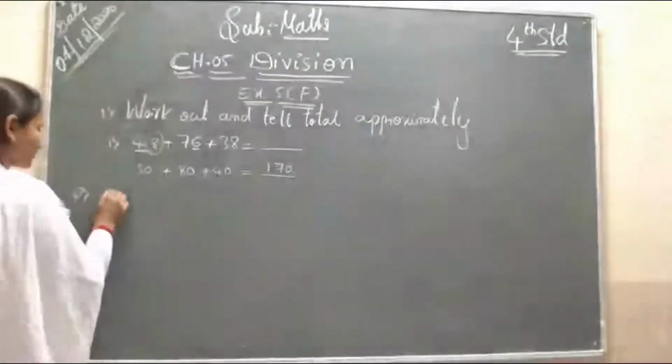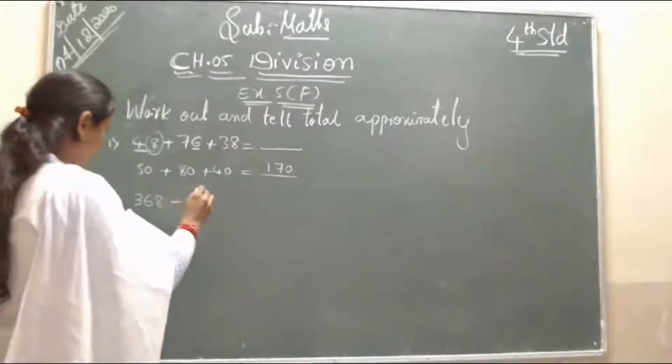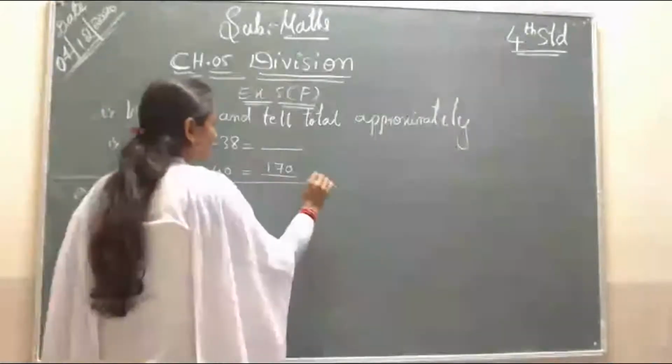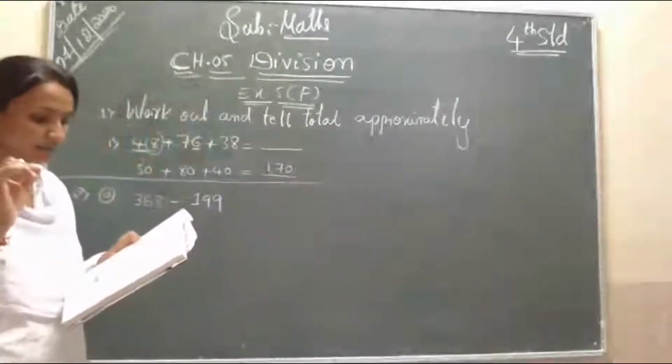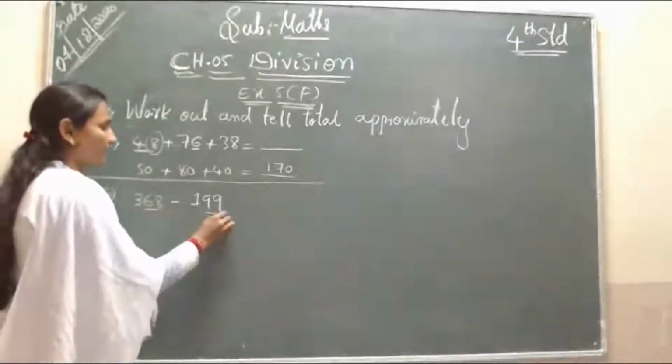What is the first question? 368 minus 199. The question is to subtract mentally by rounding to the nearest tens. Nearest tens means you have to consider the nearest tens.